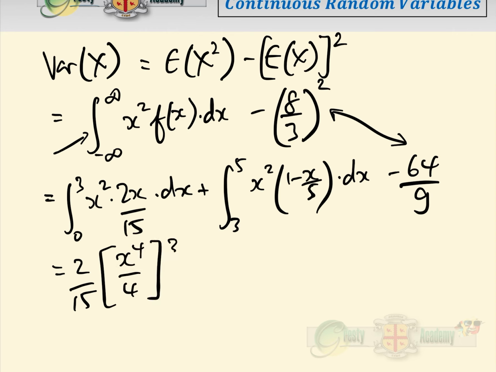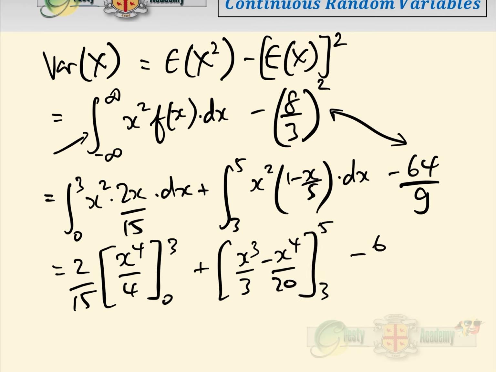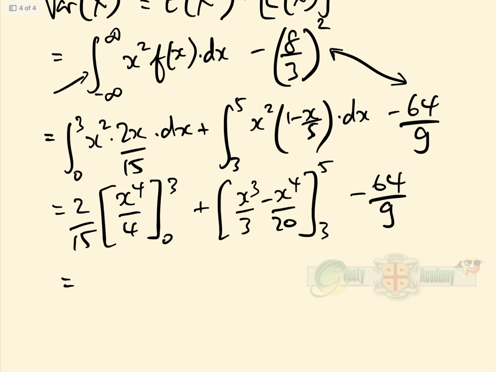Again, the integral is not the difficult part of this. Add x cubed over 3 minus x to the 4. Having said it's not difficult, it's very important, obviously, that you don't make a mistake, otherwise you just lose needless marks.